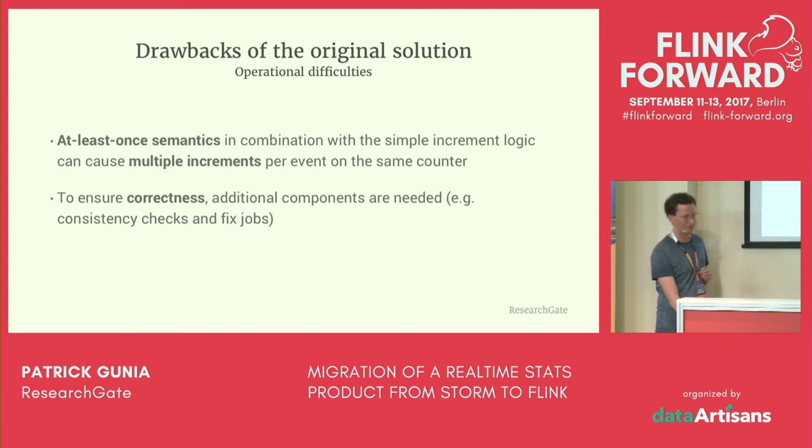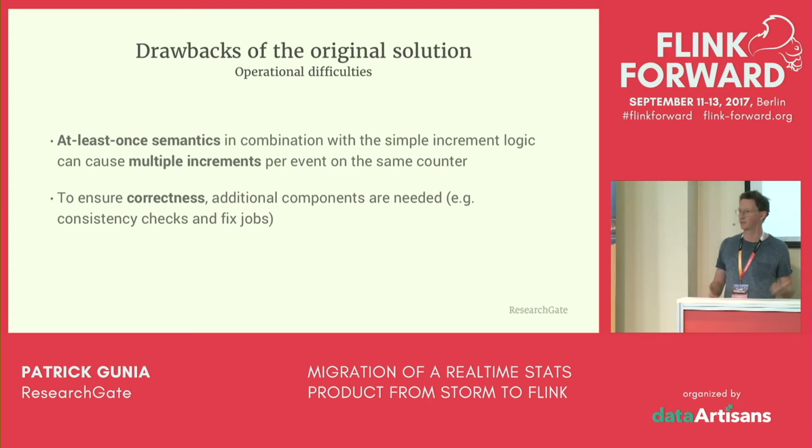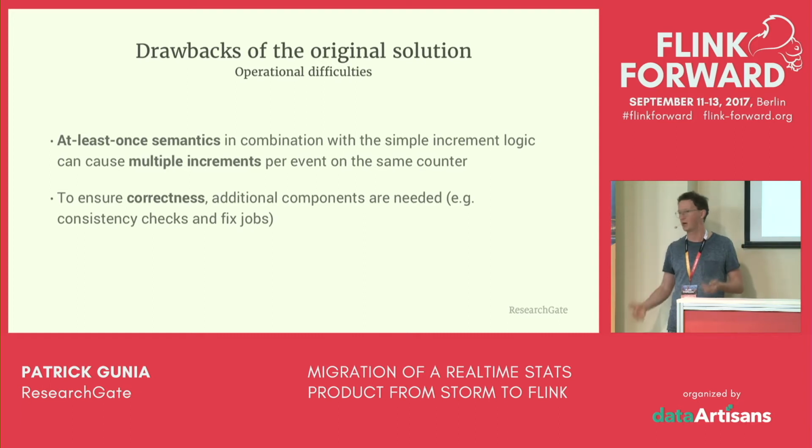The second problem is based on the fact that we're performing increments in the beginning, right? The at-least-once semantics in combination with the single increments that we're performing will cause problems when messages have to be reprocessed. For example, something goes wrong, Storm will reprocess messages, thus this could cause counters to be incremented twice, 3 times, whatever.